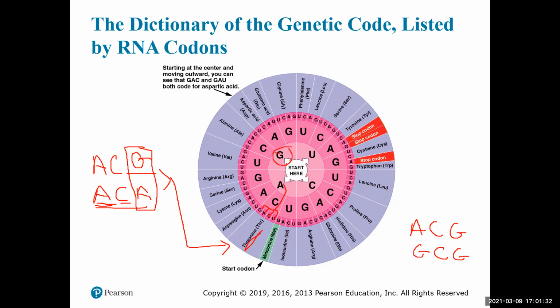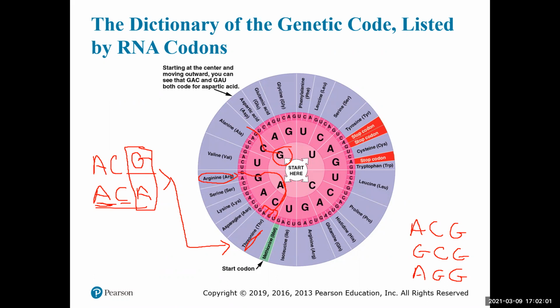So now it's GCG, we're at alanine where we would have been at threonine, right? Same thing for the second position. So let's say we go from ACG to AGG, right? So now instead of going AC, we're now going AG, and now we're at arginine, a completely different amino acid.